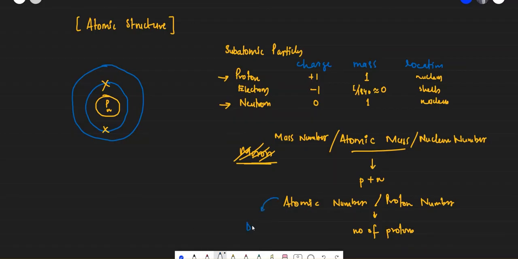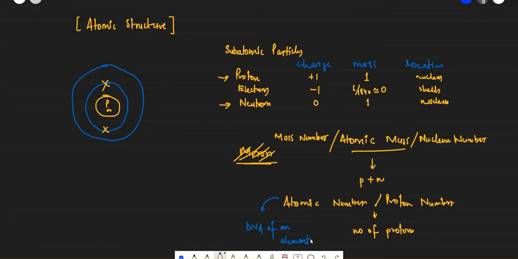It is the DNA of an element in the sense that it identifies an element. Every element on the periodic table has a unique atomic number, and through atomic numbers we identify elements. For example, if I tell you there is an element X with atomic number 1, you would go to the periodic table and see which element has atomic number 1, and you will only find one element, that is hydrogen.